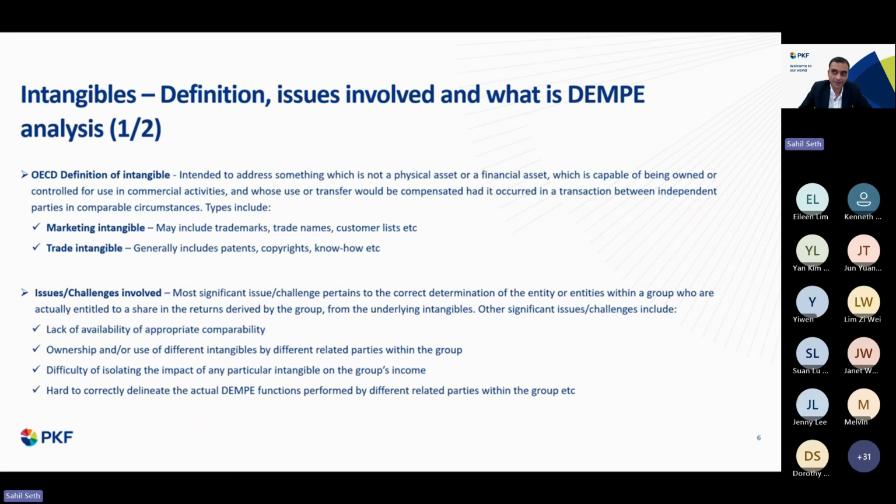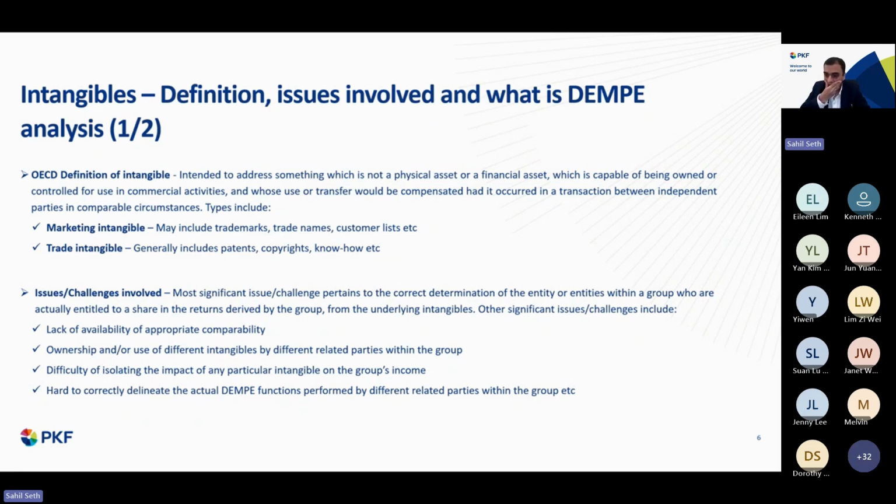So it is easier said than done to identify proper analysis and to isolate the impact of any particular intangible. So if there are multiple intangible assets involved, trademarks, brands, copyrights, patents in such kind of companies or groups, it's very, very critical to analyze each and every intangible to a greater extent, right?